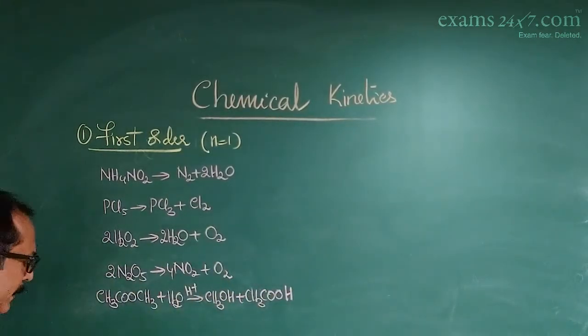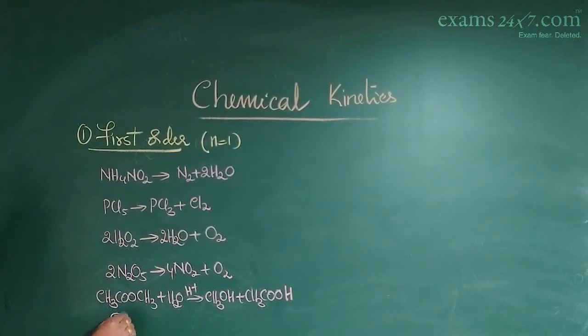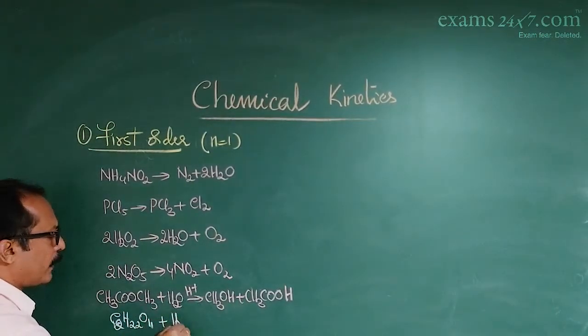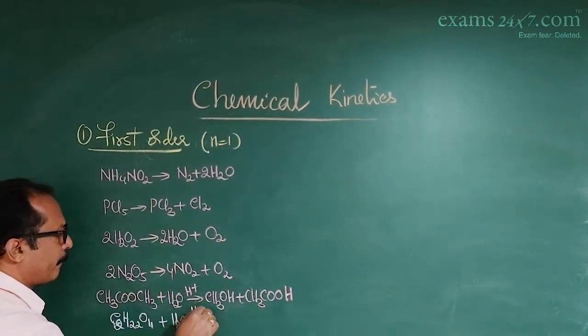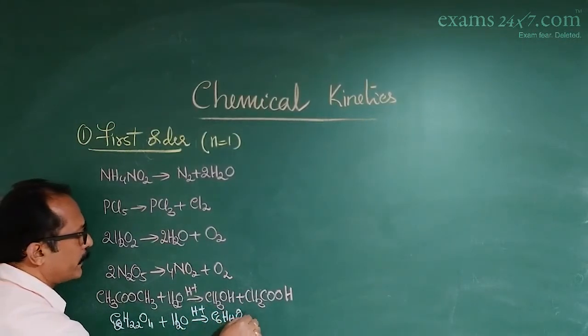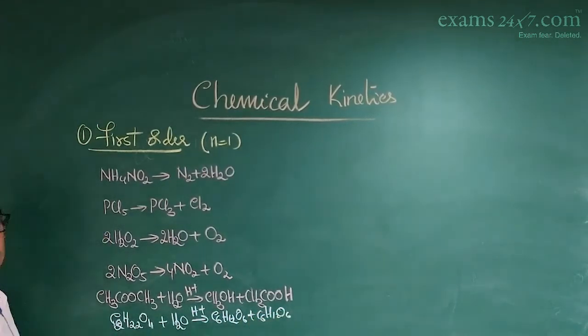One more reaction we can take is the inversion of cane sugar. C12H22O11 on hydrolysis in acidic medium gives glucose C6H12O6 and fructose C6H12O6.